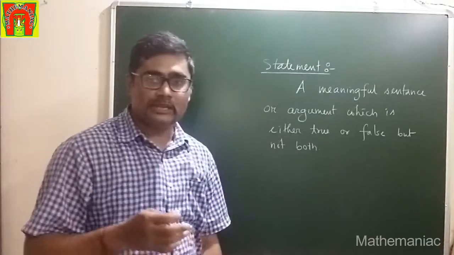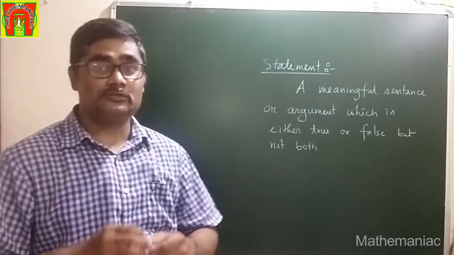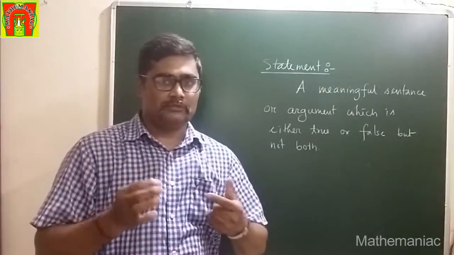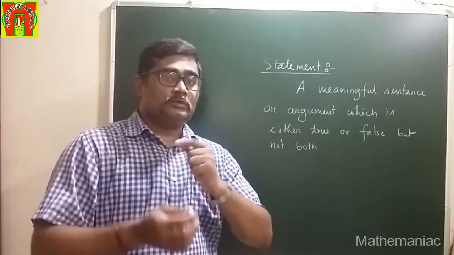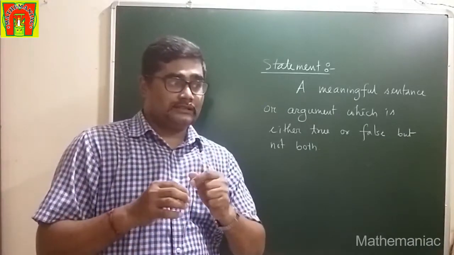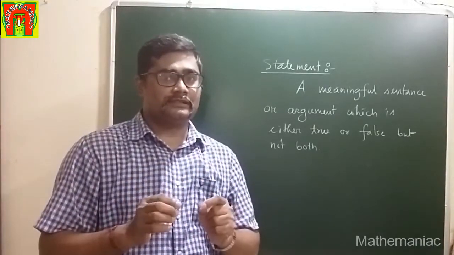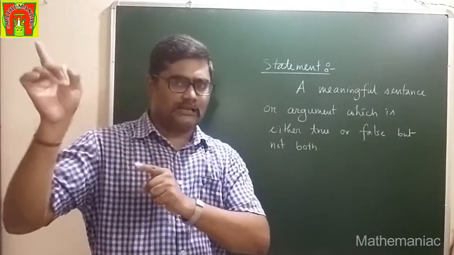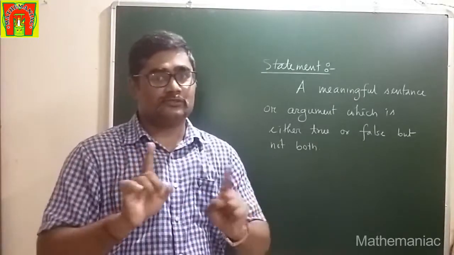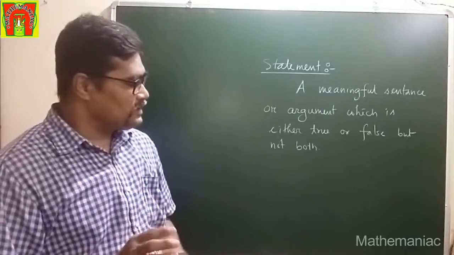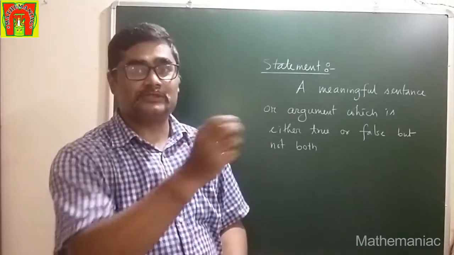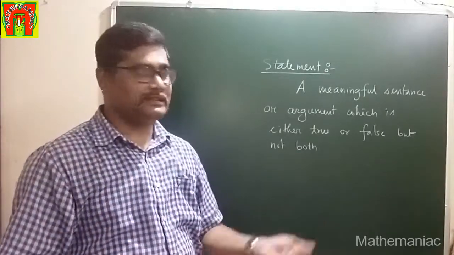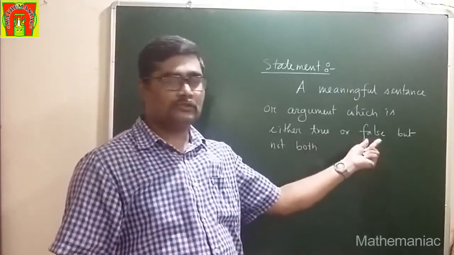By not both, I mean it should not be ambiguous, meaning you should not have confusion that for this it is true, for that it is wrong. It should not be that for some time it is true and for some time it is wrong. It should have a concrete value, true or false.